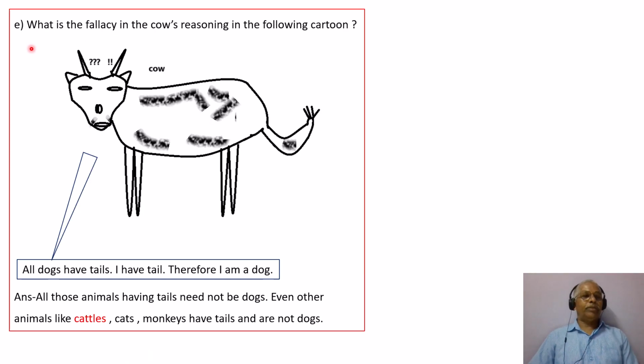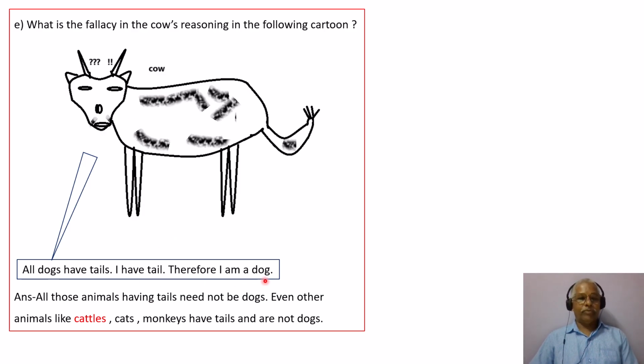Now on the next one, look at this cartoon. What is the fallacy in cow's reasoning in the following cartoon? The cow has a tail and it is having some statement here. All dogs have tails. I have a tail. That is what she is saying.